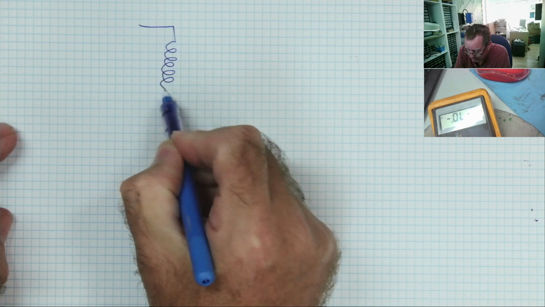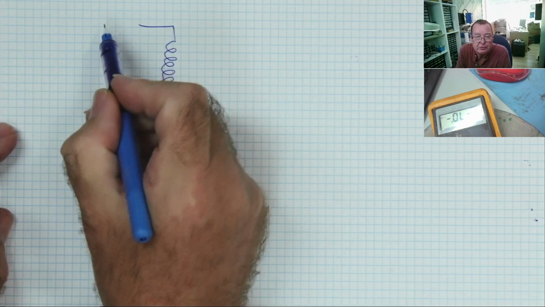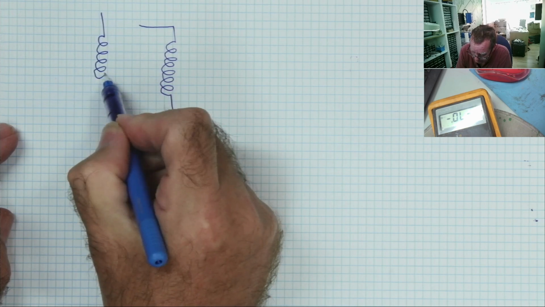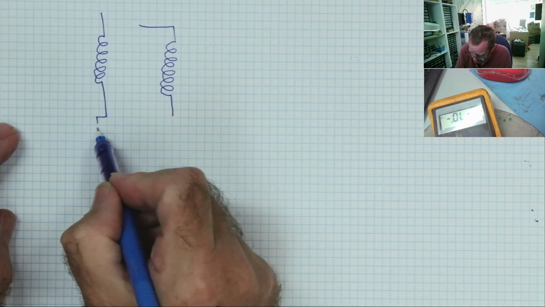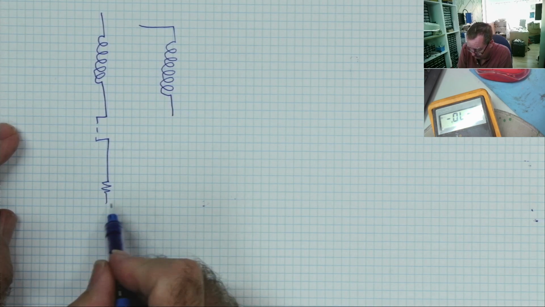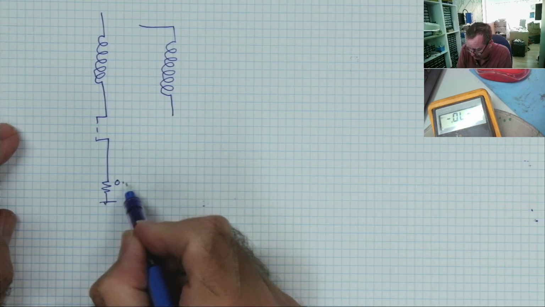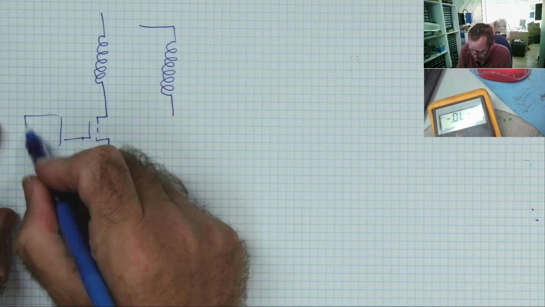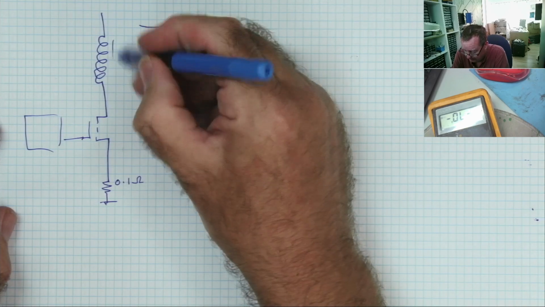something like a relay coil, but it could just as well be a little switch mode power supply. Low value resistor, MOSFET, primary of the transformer.